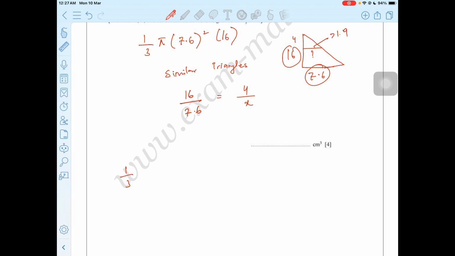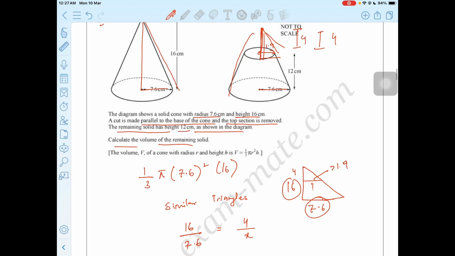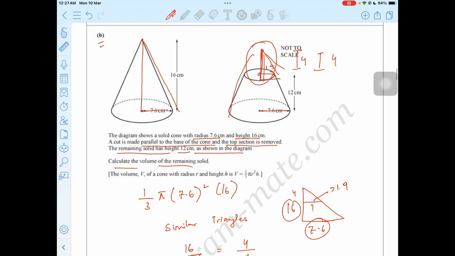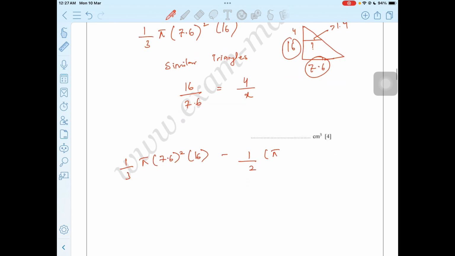So this would be 1 upon 3 pi 7.6 whole squared, then 16. Then we'll subtract the cone, which is basically cut from above this. So we have 1 upon 3, and then radius as 1.9 and our height as 4, right? So let's just calculate this quickly and then move on.